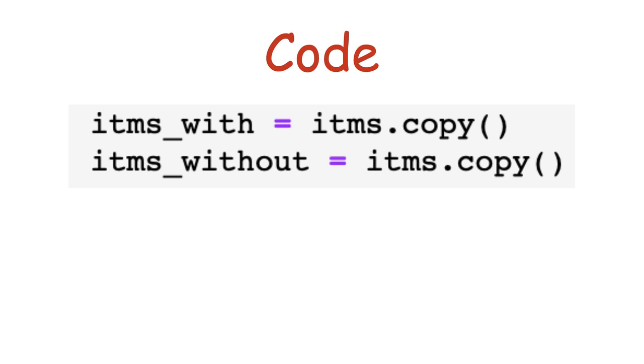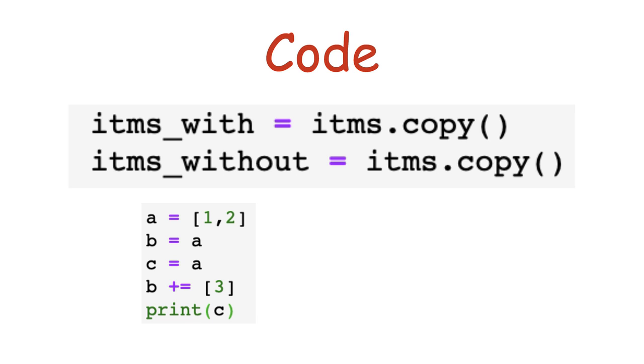The first thing we have to do is to take our list of items and copy it into 2 different variables. This is because of the way lists behave in Python. If we define a list and then associate it with 2 new variables, all variables will actually reference the same list object under the hood.